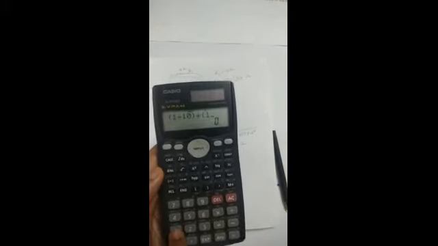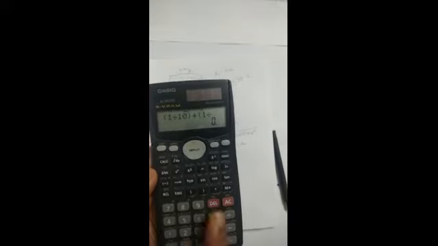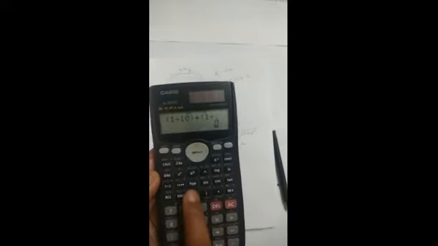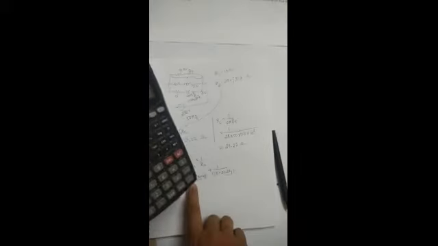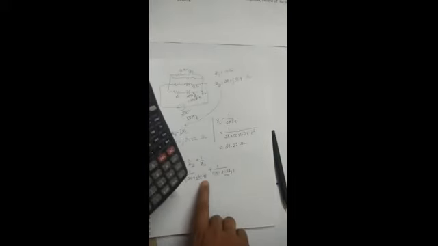If you have a higher version of this calci, it is well and good, you can make use of it. If you have this kind, then you can just follow it. So 1 divided by, make sure it is with the bracket. So Z1 is how much? 20 plus J 31.4.